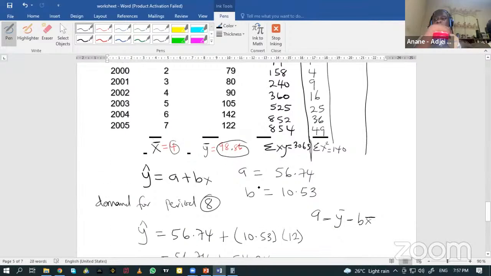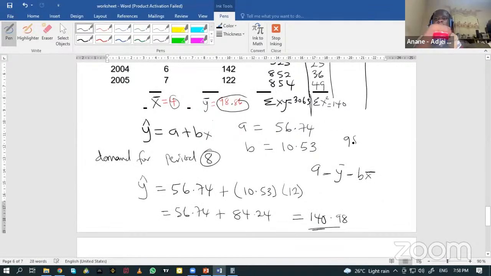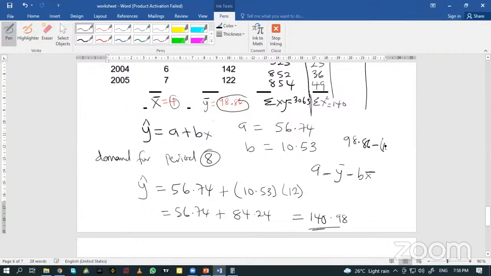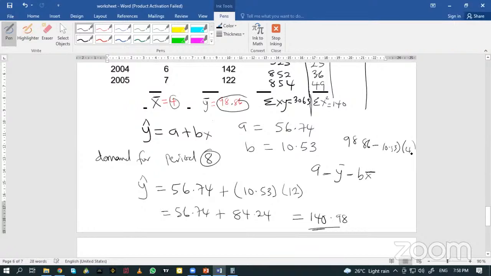Okay, let me come back down here. Y bar, we had 98.86, right? Yes. Minus B, and we now have our B to be 10.53. Yes. And our X bar multiplied by B, and our X bar is what? The X bar is 4.